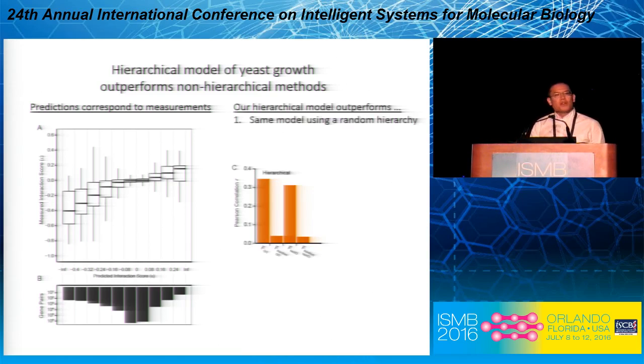Also, as a strawman null model, when we randomize the structure of the ontologies, the gene ontology or these data-driven ontologies that we used, and plug them back into this framework, we find that the performance degrades substantially, close to 0.